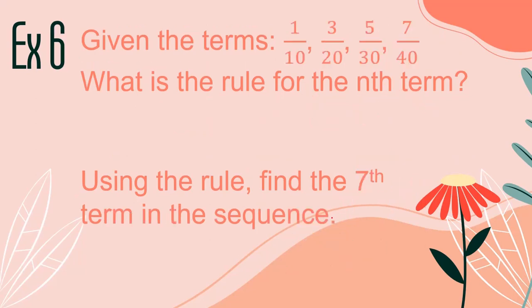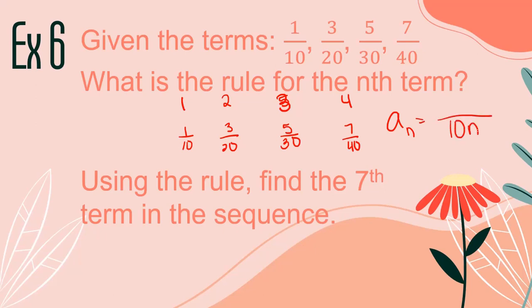Let's try the last example. All right. So, oh, I got fractions. Gross. Okay, but that's okay. 1/10. 2 is 3/20ths. Okay. 3 is 5/30ths, and 4 is 7/40ths. Well, I can definitely say without a doubt that the denominator is 10n, right?